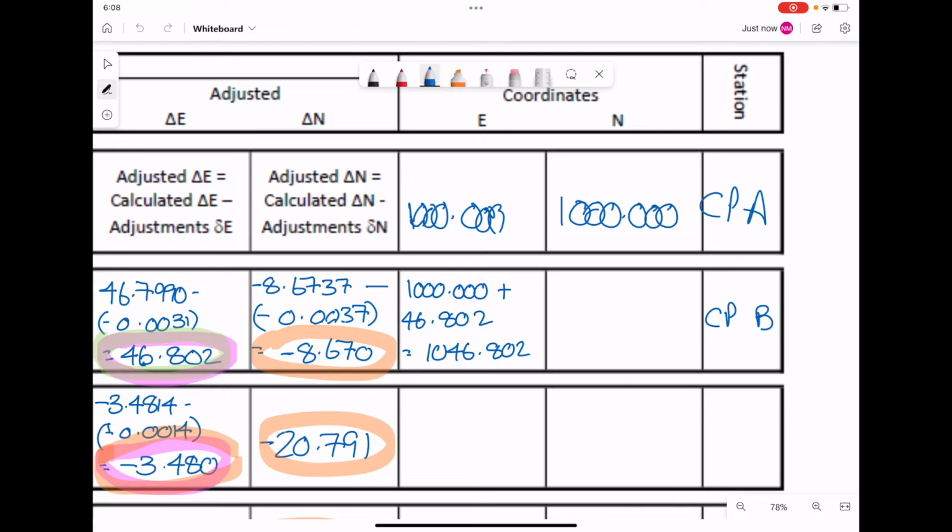That's the easting coordinate. For the northing, again, we would use the previous northing, which is also 1000. And we'd add on the adjusted northing, which is a value of minus 8.670 to give us a northing value of 991.330.